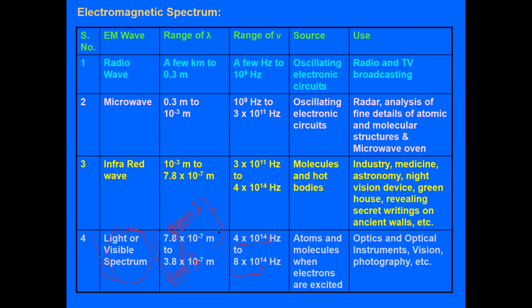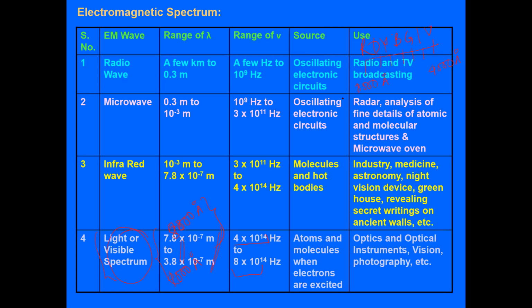In that region there are VIBGYOR colors: violet, indigo, blue, green, yellow, orange, red. Red has a wavelength of 8000 angstrom, whereas violet has 4000 angstrom.